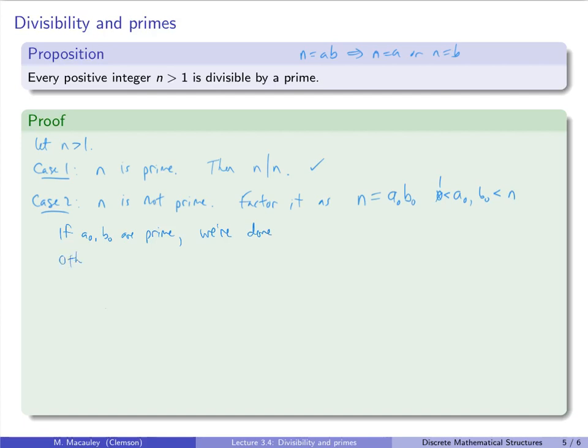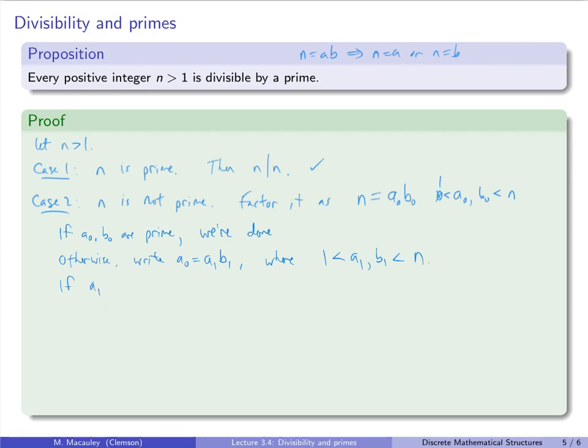Otherwise, we can take either one of them. Let's just take a naught. We can write a naught as a1 times b1, where, now I'll do it right this time, a1 and b1 are between 1 and n properly.